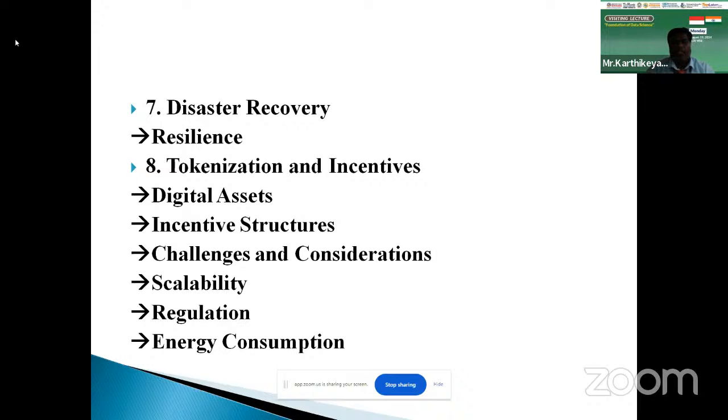And the challenges and considerations. These can be the following: scalability, regulation, energy consumption. Scalability: although advancements are being made, scalability remains a challenge for many blockchain systems. Ensuring that networks can handle a large number of transactions efficiently is an ongoing area of research and development.